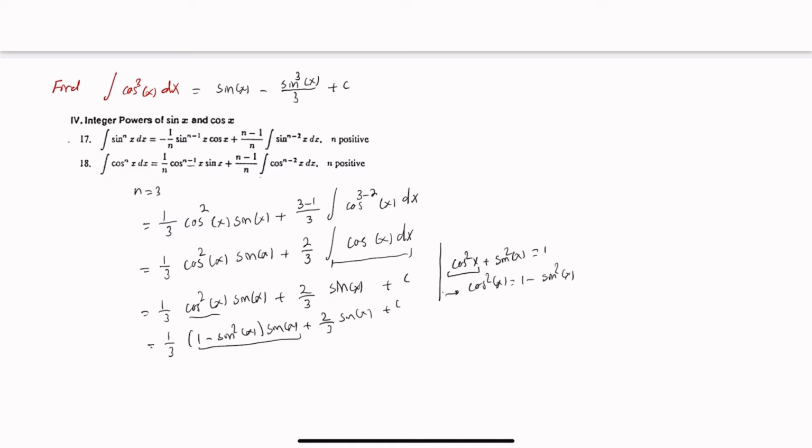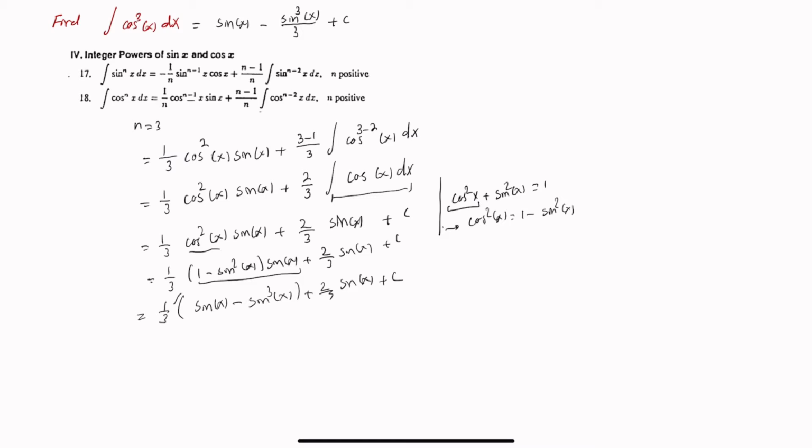Now let's simplify this term in here. It's going to be 1 over 3 times sine of x minus sine cubed of x, and then plus 2 over 3 sine of x plus c. Now I'm going to multiply this 1 over 3 inside the parentheses, so it's going to be 1 over 3 sine of x minus 1 over 3 sine cubed of x, and then plus 2 over 3 of sine of x plus c.